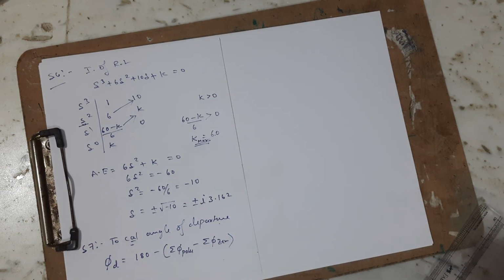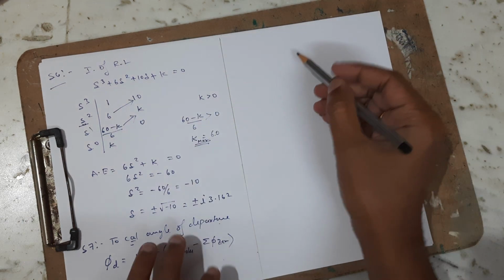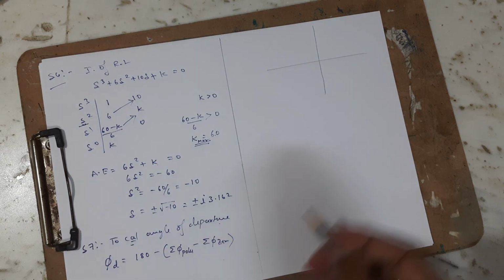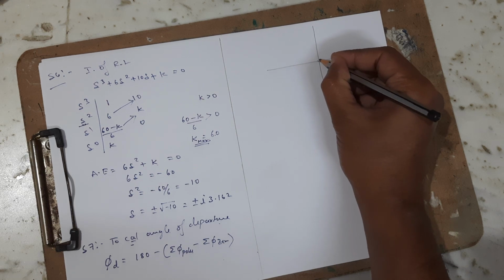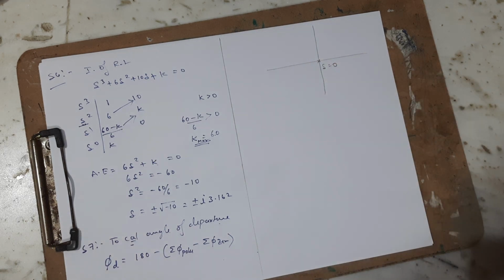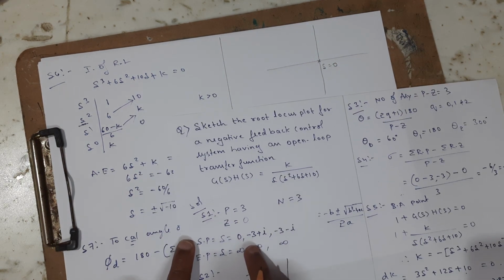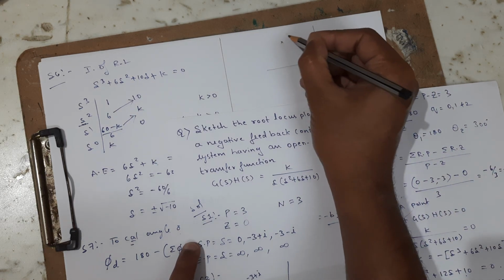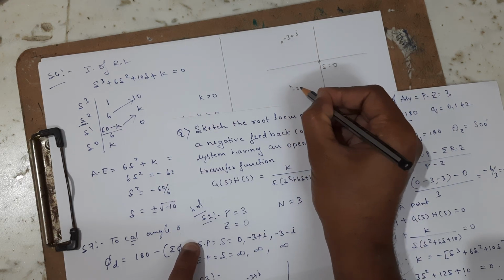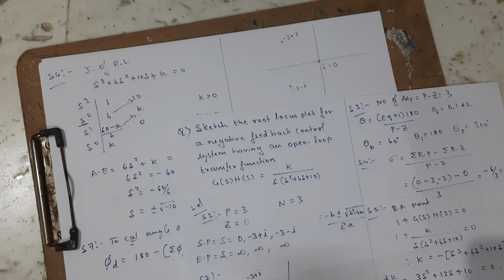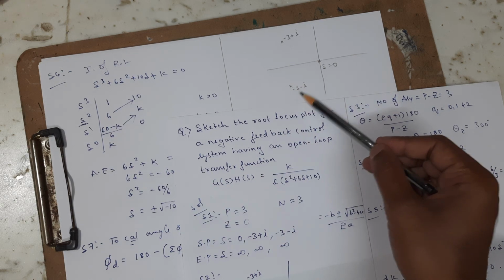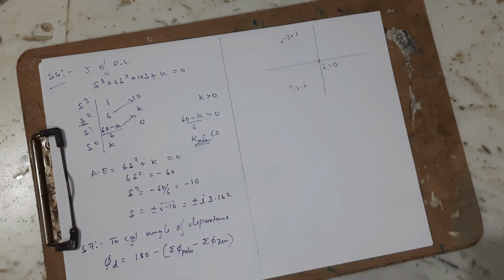For this, I am going to draw a pole-zero plot like this. What are the roots we have? We have poles, we don't have any zeros. The roots are s is equal to 0, and the others are minus 3 plus j and minus 3 minus j. Now I need to find the angle of departure for minus 3 plus j and minus 3 minus j.